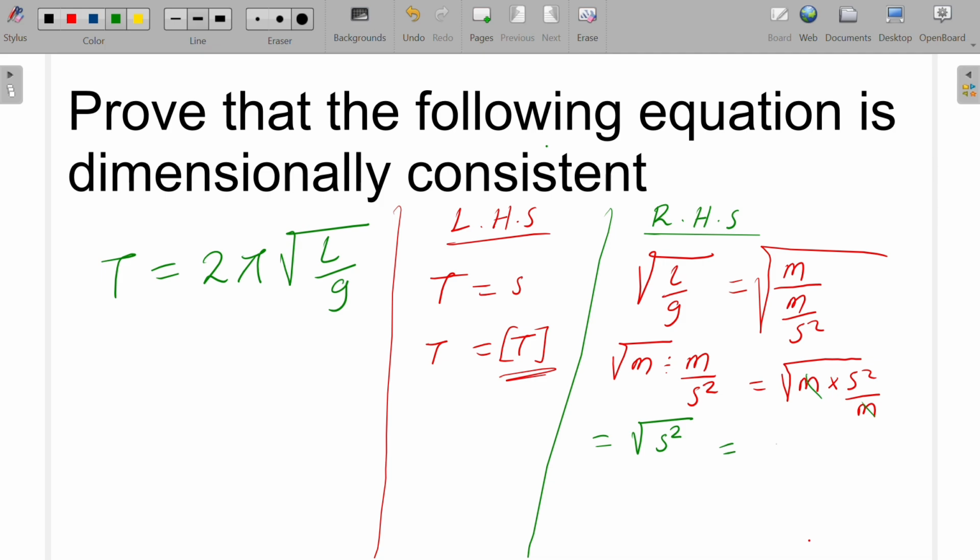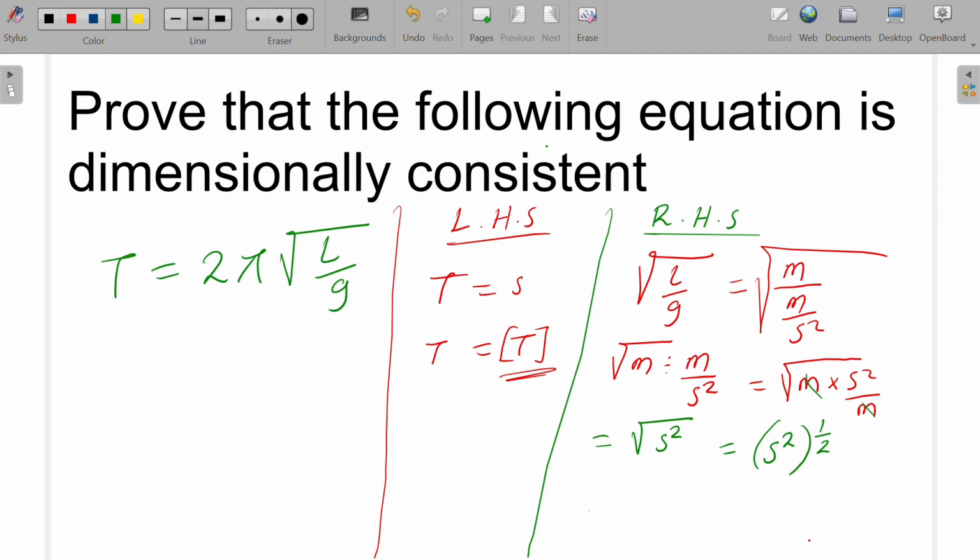So whenever you see a square root, the square root of something is just that number to the power of half. The square root of 2 is the same as 2 to the power of half. So we have s squared to the power of half.